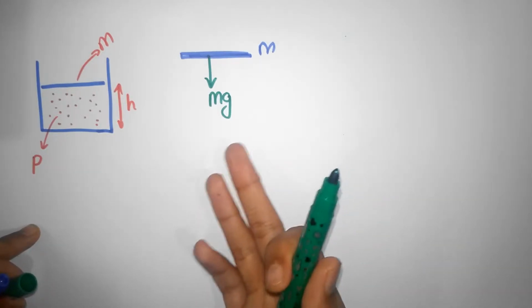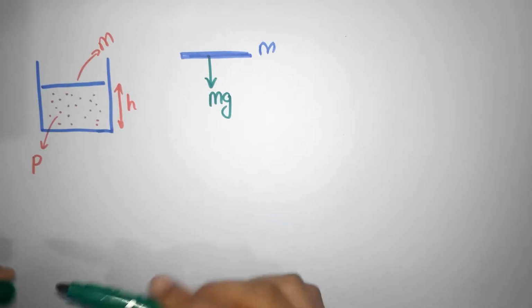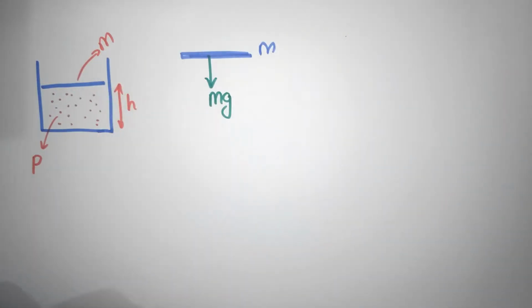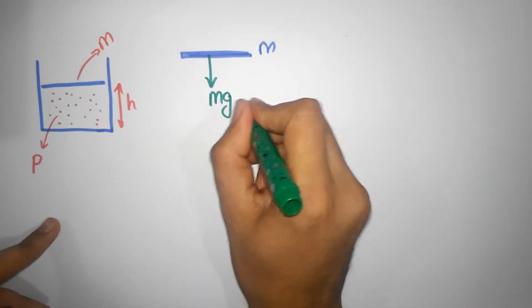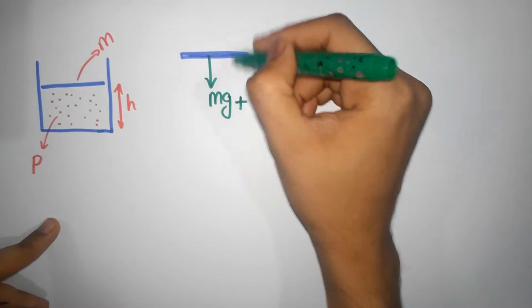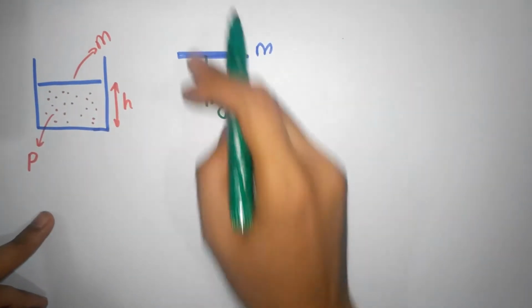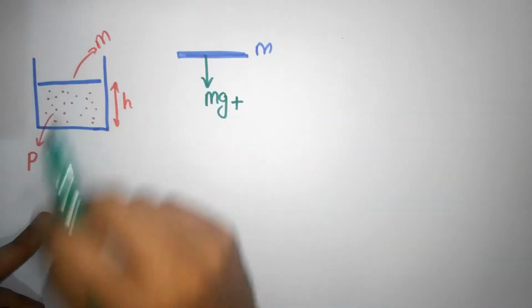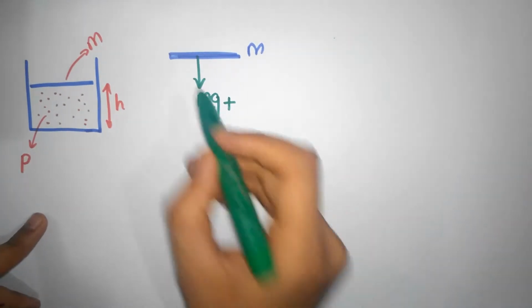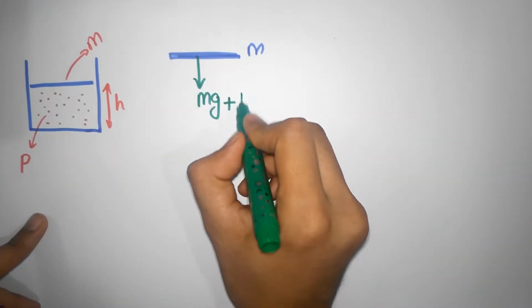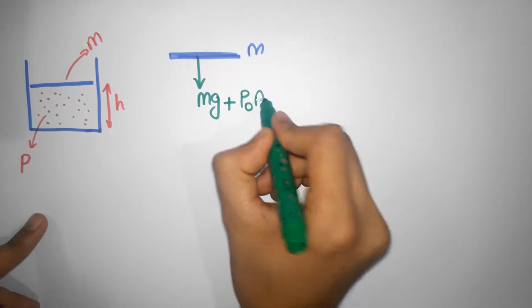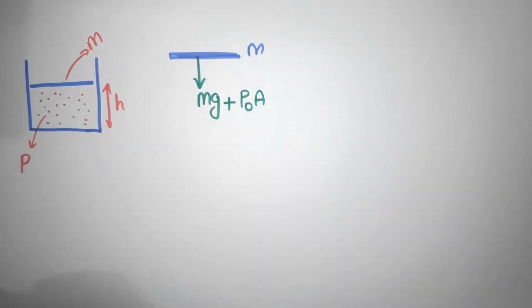Even gravity for that matter doesn't matter, as you will see now. Let's include that force also. The atmosphere is pushing down on this piston, so there is an atmospheric force, which is the atmospheric pressure P naught times A.